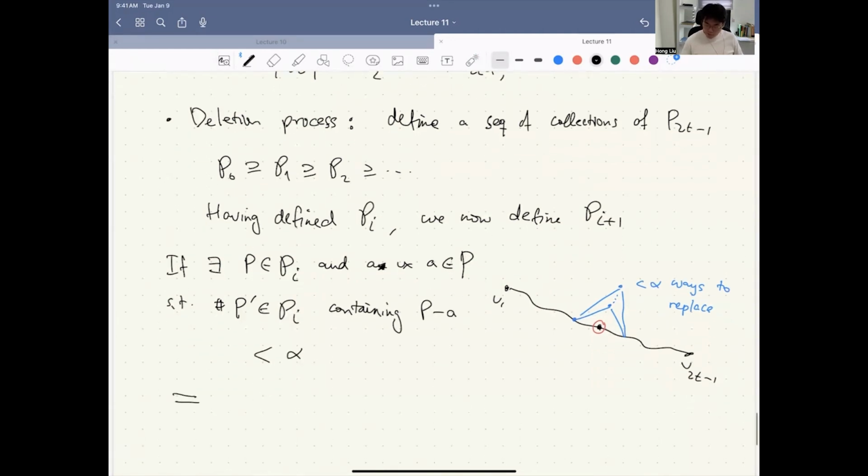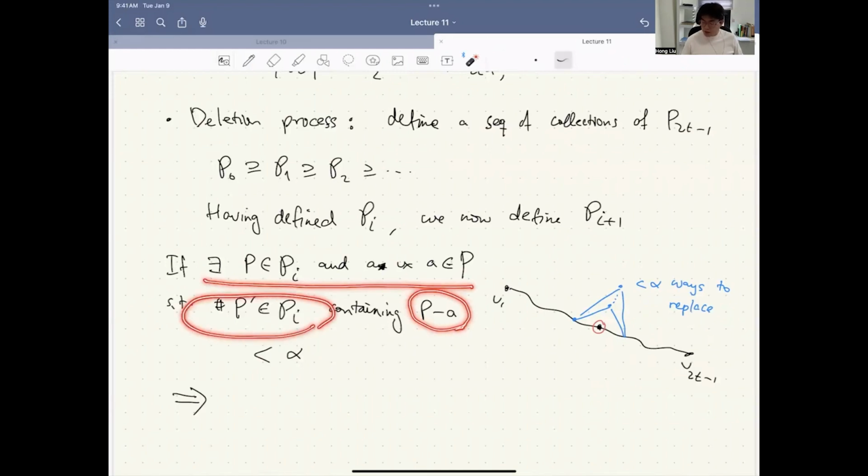Okay, if there exists a path and vertex such that if you remove this vertex from the path, there are not so many other paths containing these two pieces, then we're going to delete them all together.